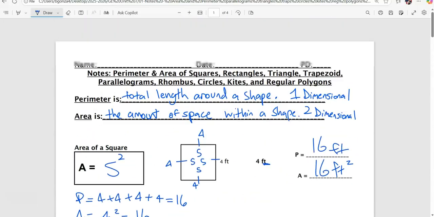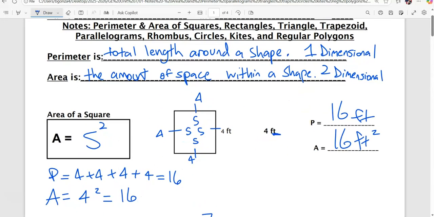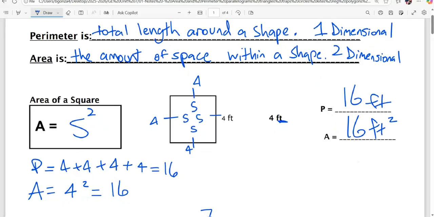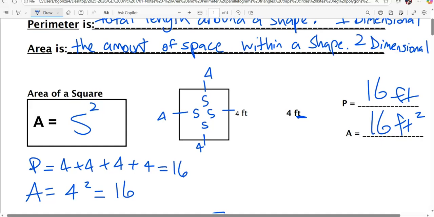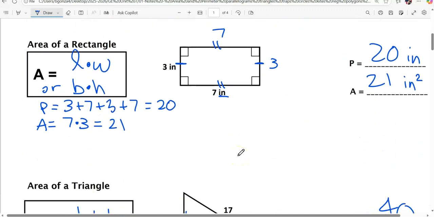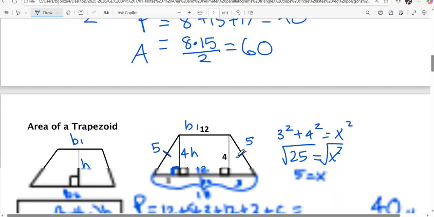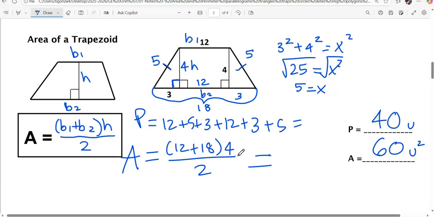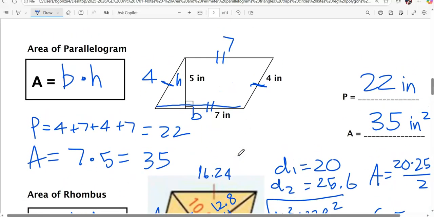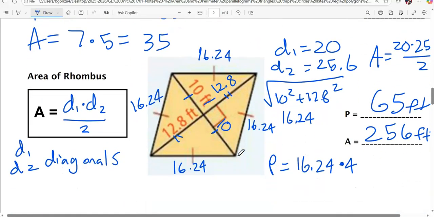So let's zoom in on this. Here's square, zoomed in. Rectangle, zoomed in. Triangle, zoomed in. Trapezoid, zoomed in. Parallelogram, zoomed in. Rhombus, zoomed in.